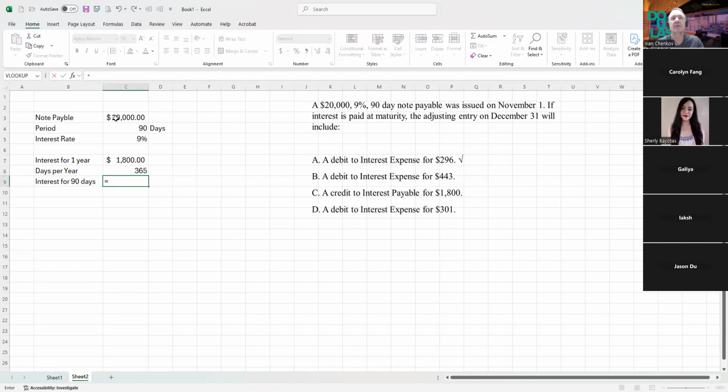I have to take the 20,000 times 9% times 90 days divided by 365. So this is the interest that I have to pay for 90 days. Is that how much you're getting? I can round it to 144, or 143.84.